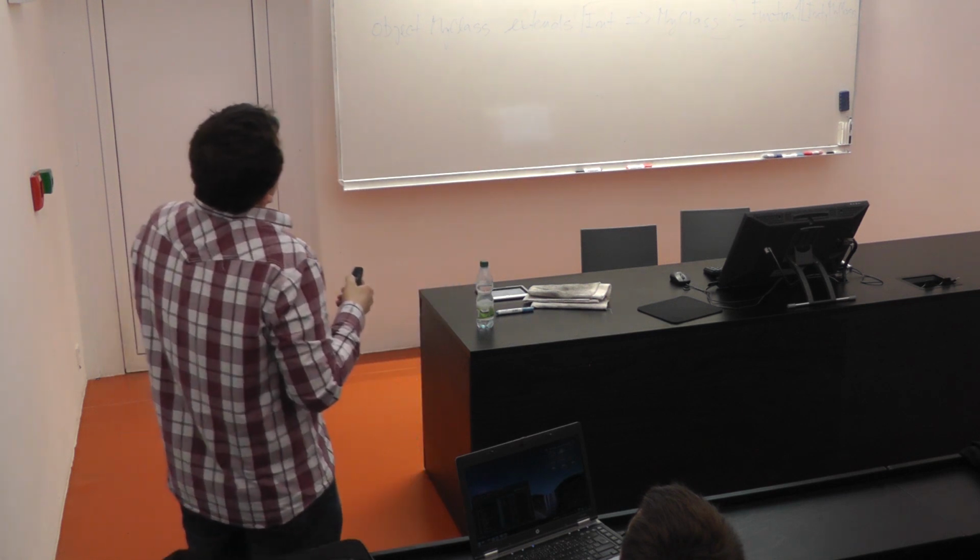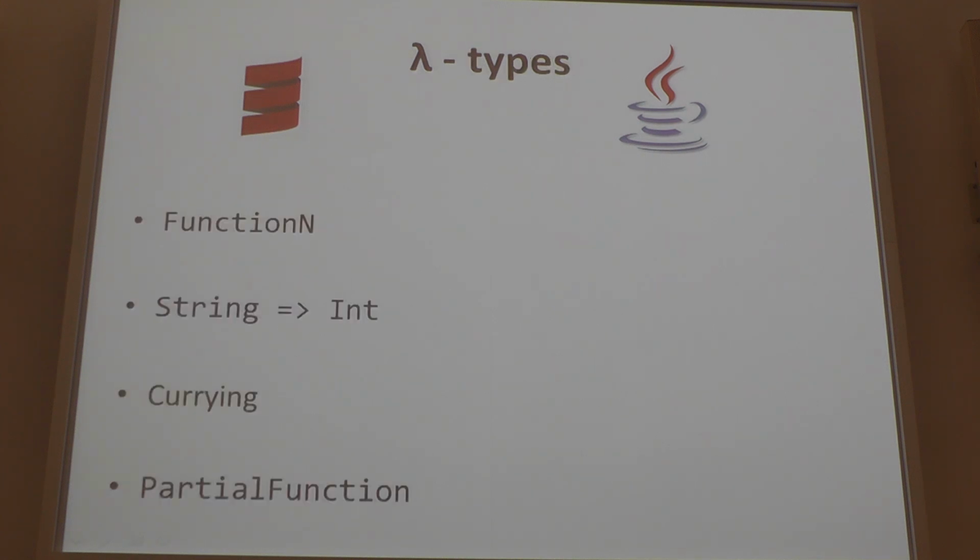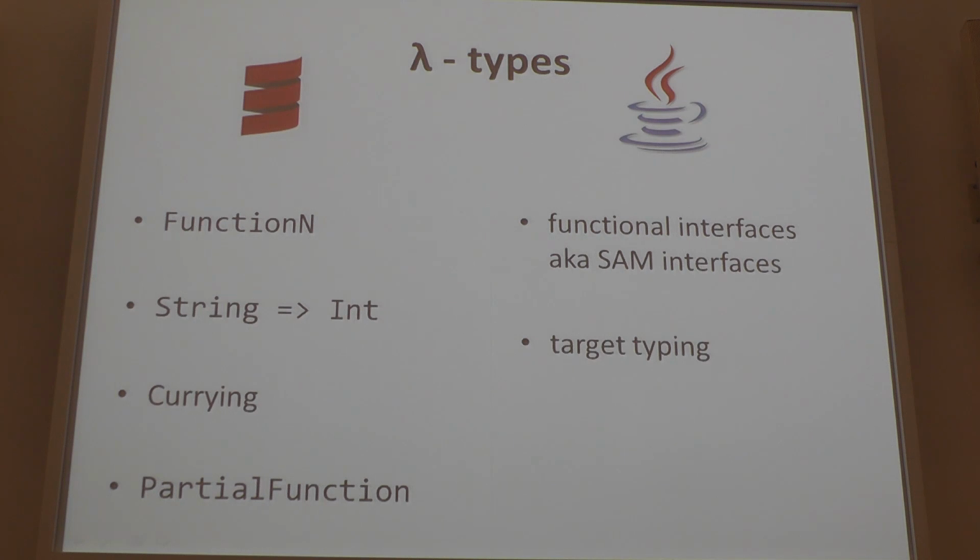And as we've seen here, we don't say what the type of x is, the actual type is inferred by the compiler.